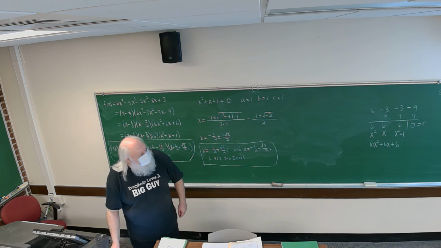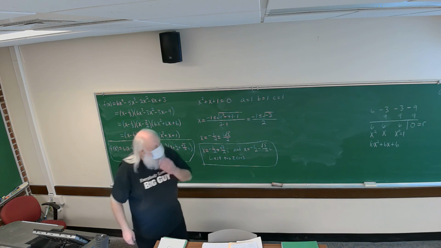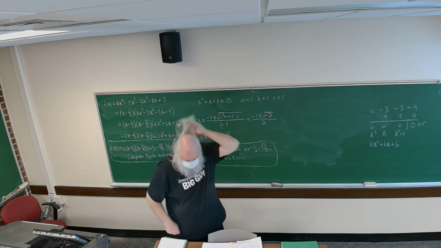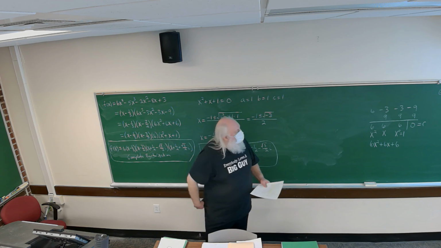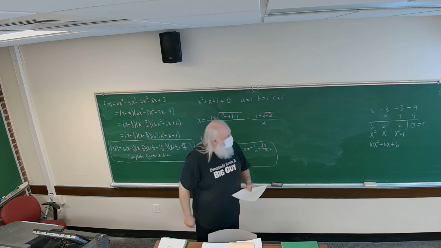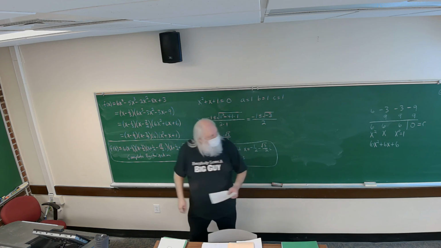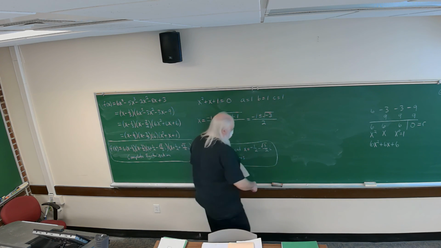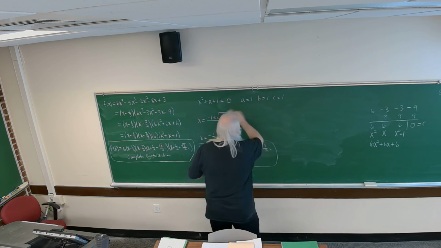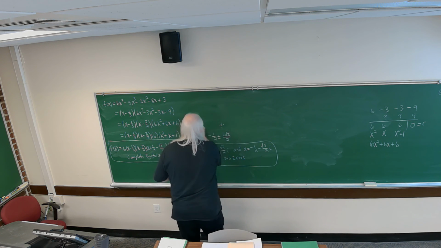So we have been finding the zeros of polynomial functions. And some of them have been complex numbers, and some of them have been real numbers. We're going to take things a little bit further in this section.